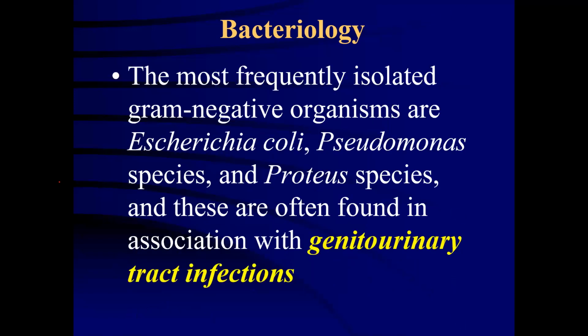The most frequently isolated gram-negative organisms are E. coli, Pseudomonas species, and Proteus species, and these are often found in association with genitourinary tract infection.